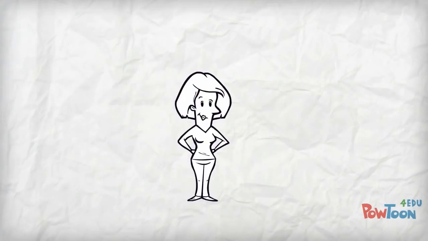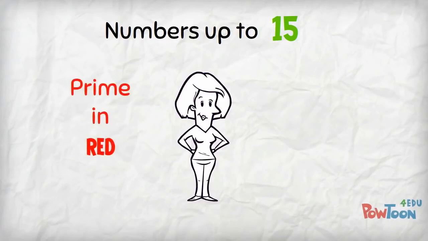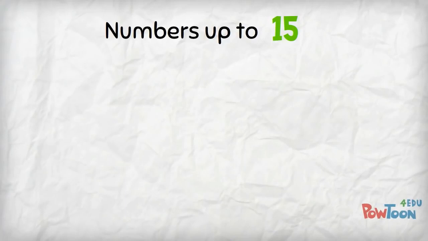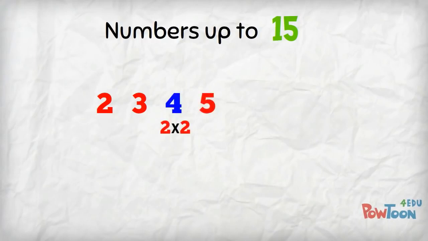I'll show you how this idea stacks up for the numbers up to 15, prime numbers in red and composite numbers in blue. 2 is prime, 3 is prime, 4 comes from 2 times 2, 5 is prime.